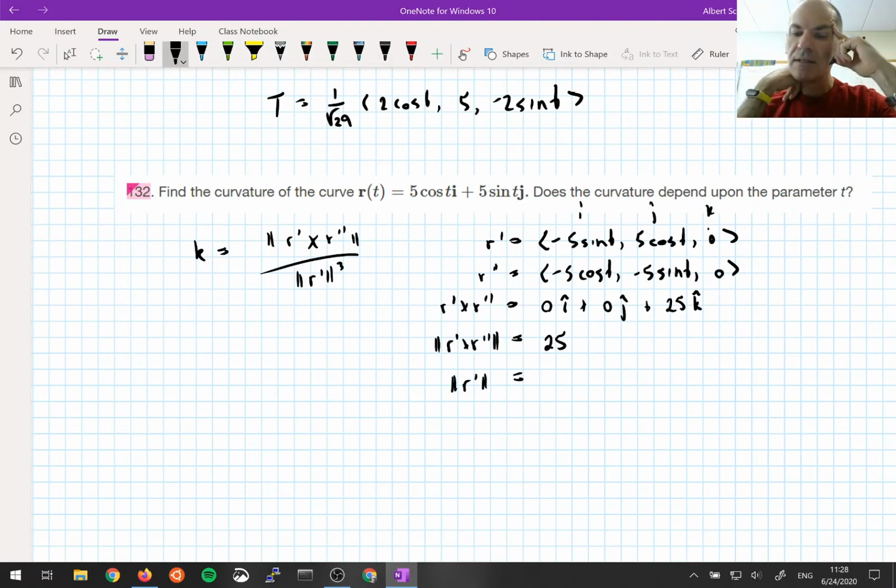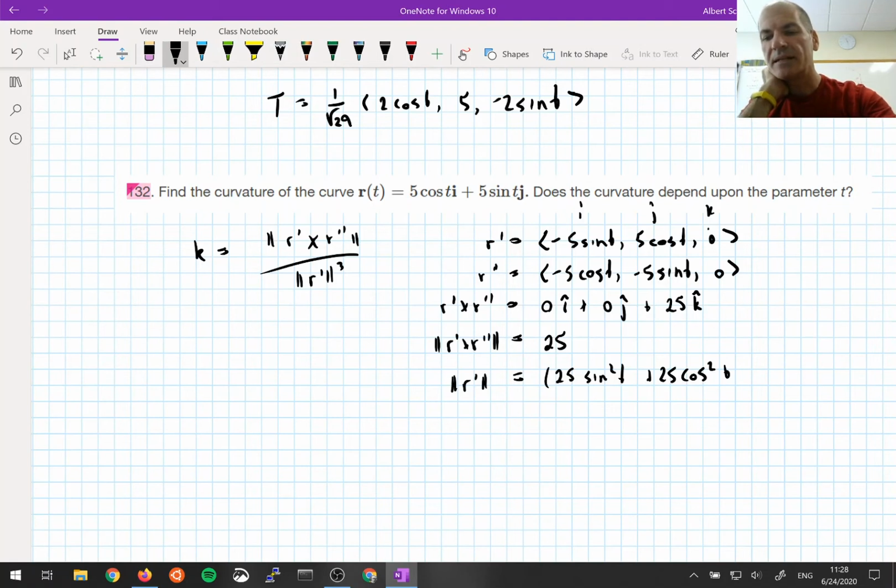The magnitude of r prime is the square root of 25 sine squared plus 25 cosine squared, yet another Pythagorean identity, and that's going to work out to be 5.